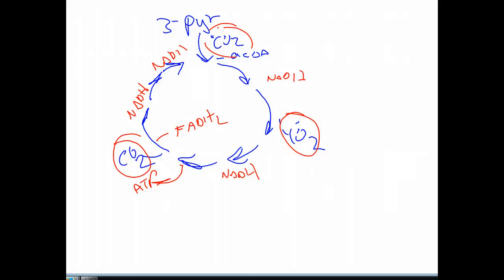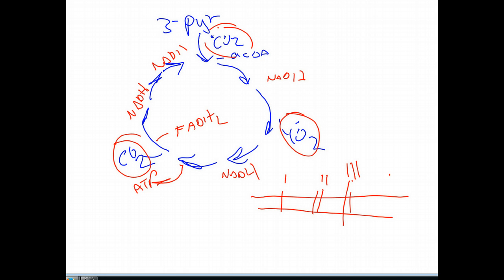So what happens next is the NADH enters electron transport, and it goes through the different complexes.